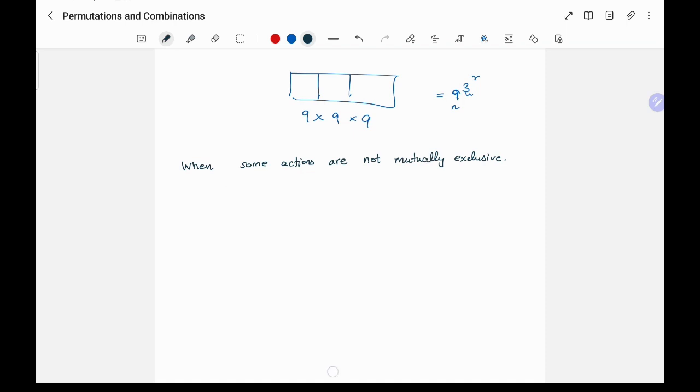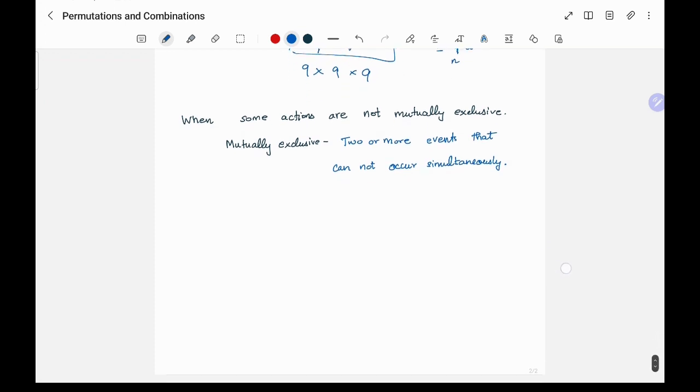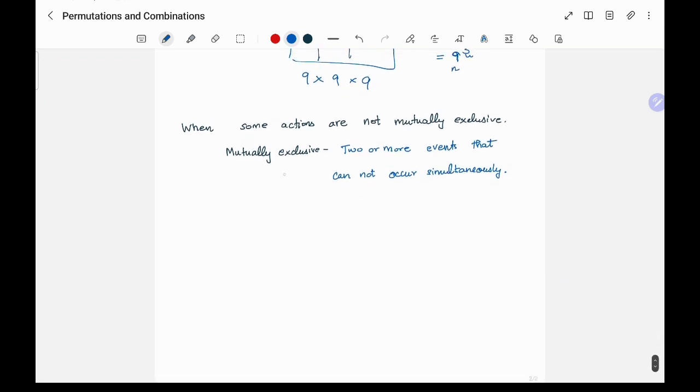Mutually exclusive means two or more events that cannot occur simultaneously. For example, if one happens, the other will not happen, right?